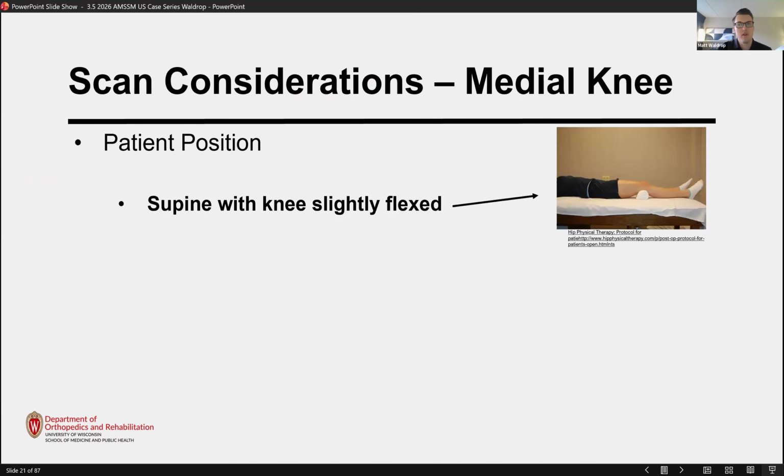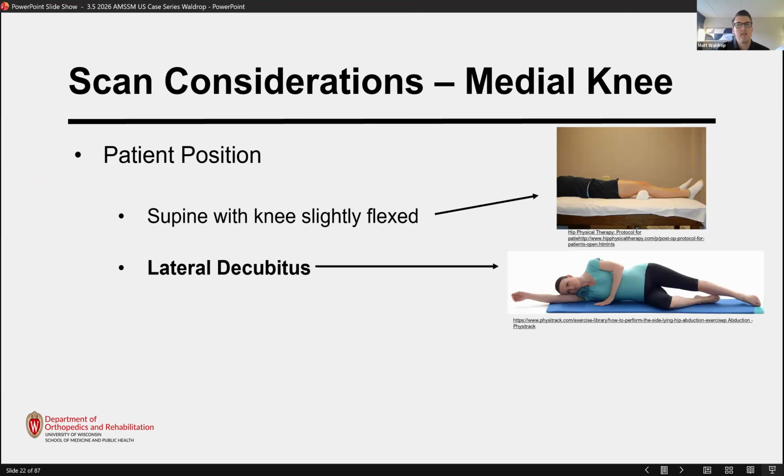Depending on the location of focus in the knee, there are a few positions to put the patient in that can really help as far as accessing and assessing specific regions and with dynamic examinations as well. One position, especially for identifying anterior knee structures, is having the patient supine with the knee slightly flexed. Putting a pillow or a rolled towel under the knee can be somewhat helpful for this as well.